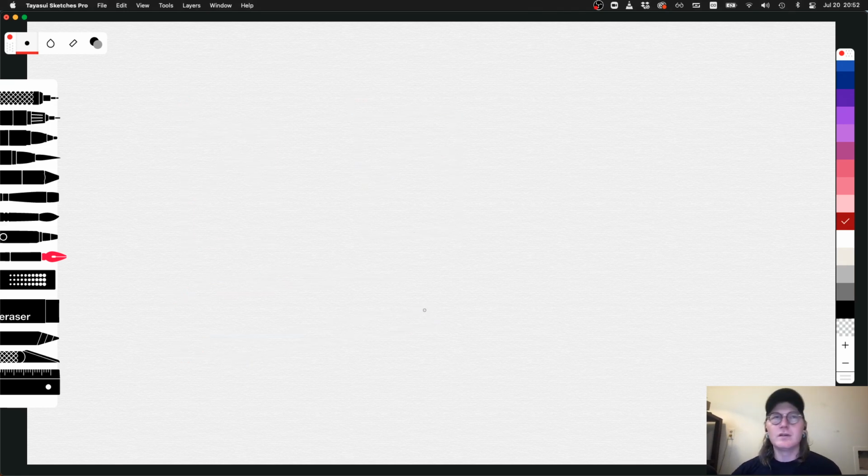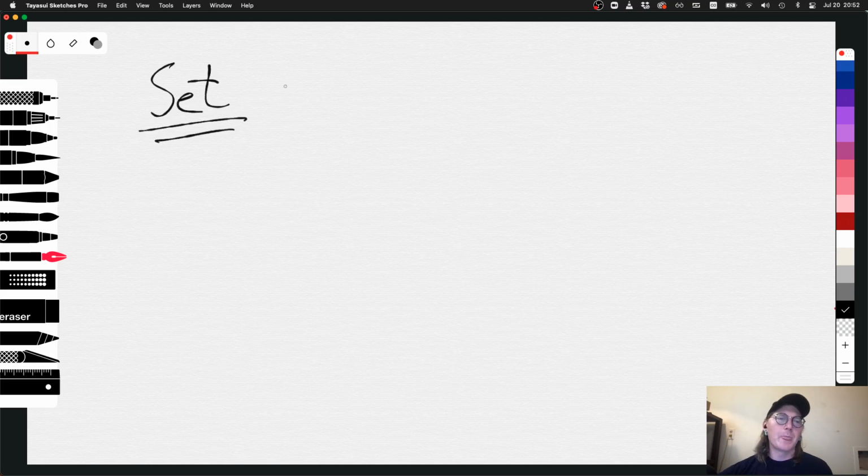So let's just define a set. Let me get back to the color black here. So what is a set? I'm going to describe a set as being a few things. I'm going to describe it as being unordered.